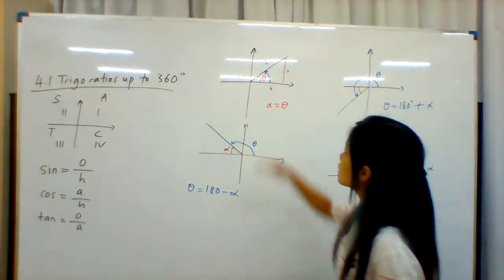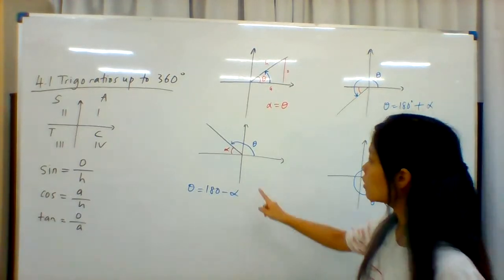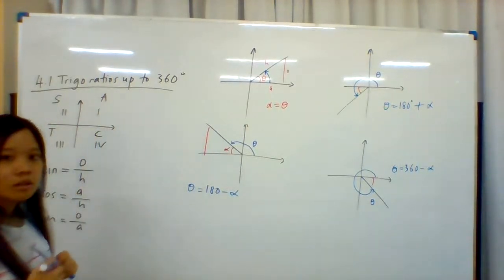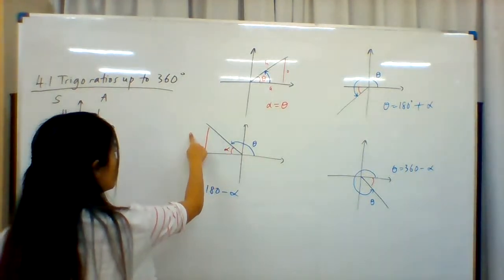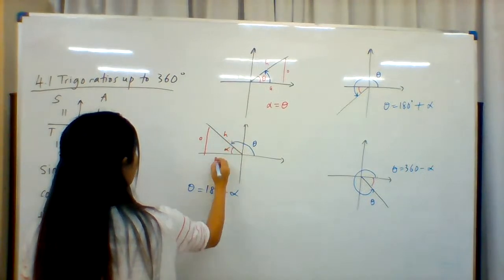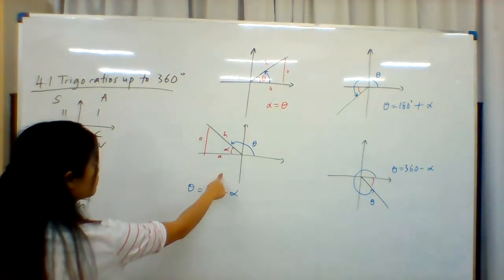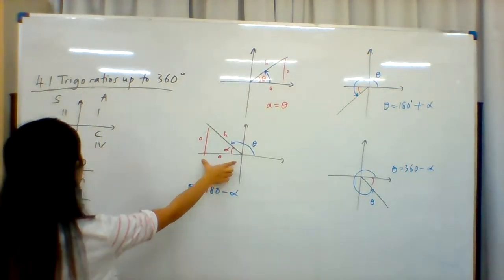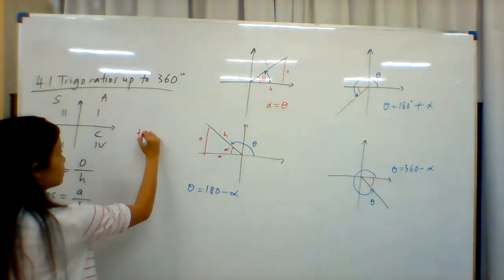And if you take adjacent over hypotenuse, again, you will get positive. But if your angle is over here, then the triangle is over here, correct? Using your basic angle, this is your opposite, this hypotenuse and this adjacent. So if you take opposite over adjacent, which is your tangent, you will get a negative, because this is positive, this is negative, therefore your tangent will be negative.